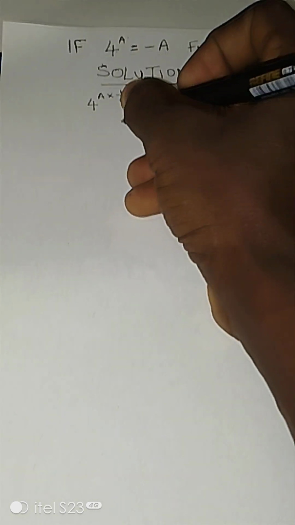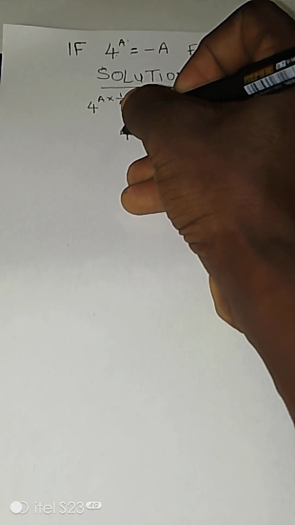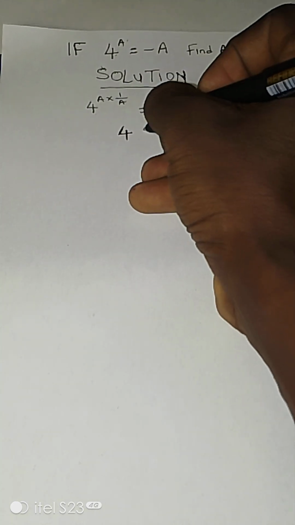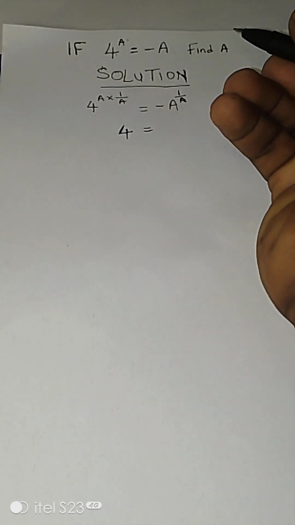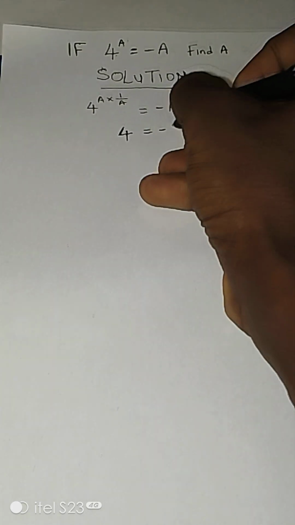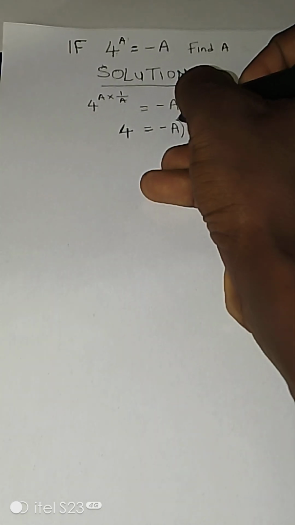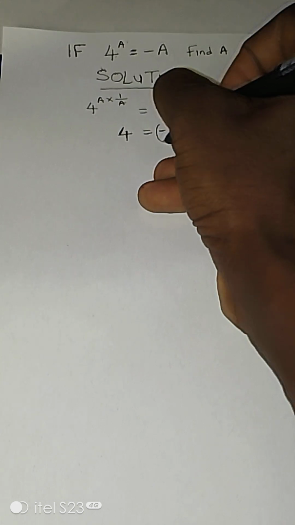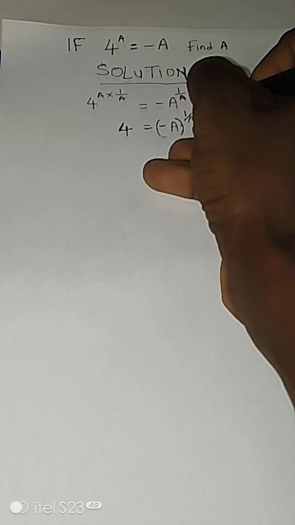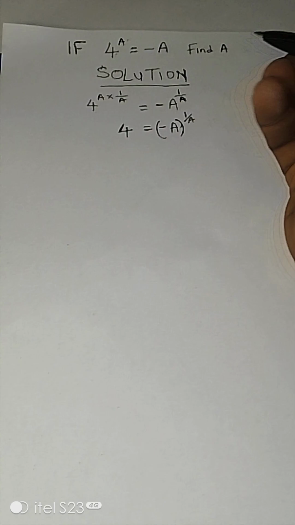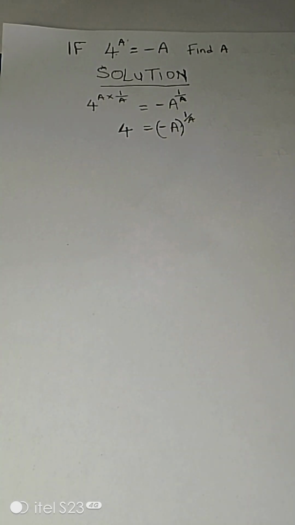So here we have only 4. 4 raised to power 1 is the same thing as 4. So only 4 equals to minus a. You can place it in brackets, okay, so that you will not be confused. Minus a raised to power 1 over a. So I hope that is clear.